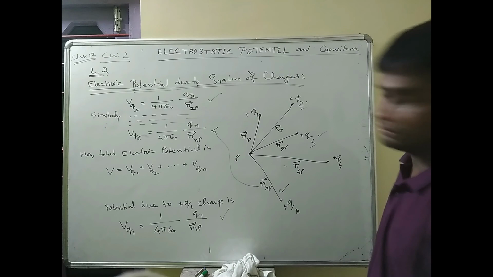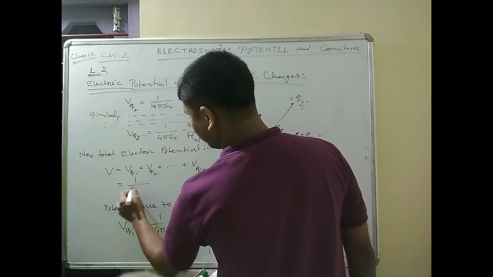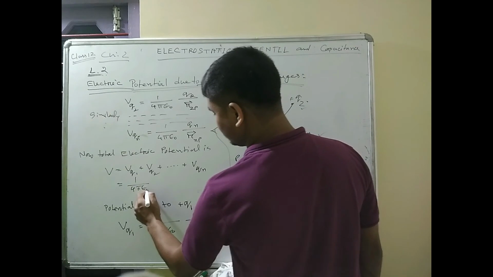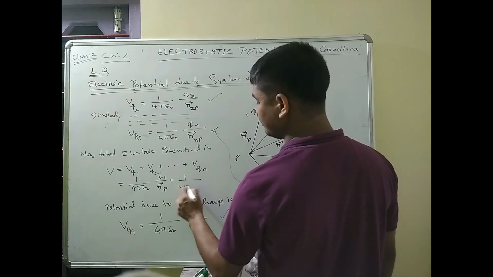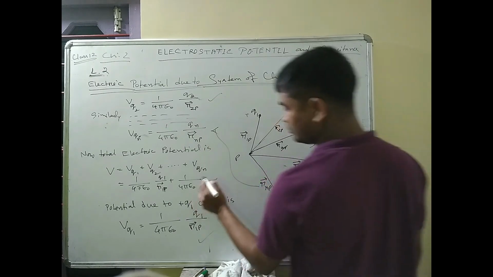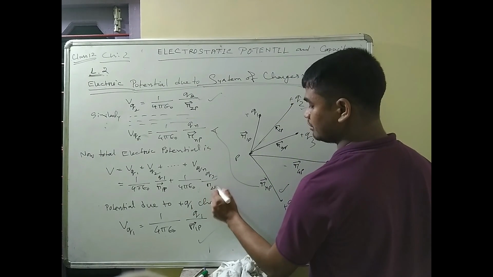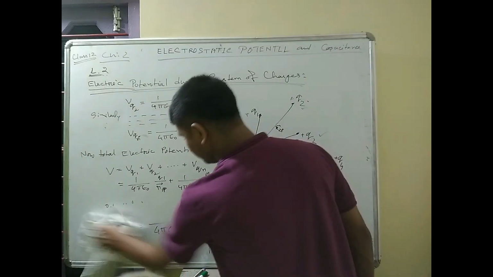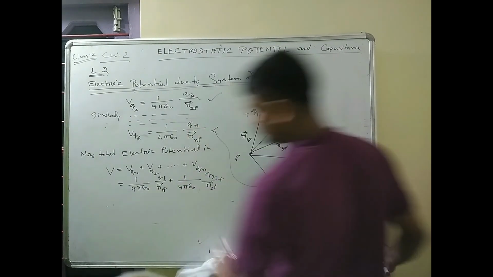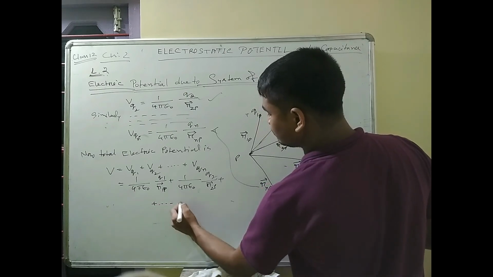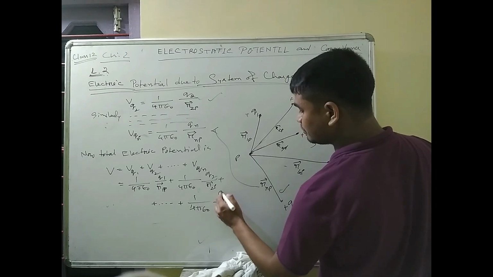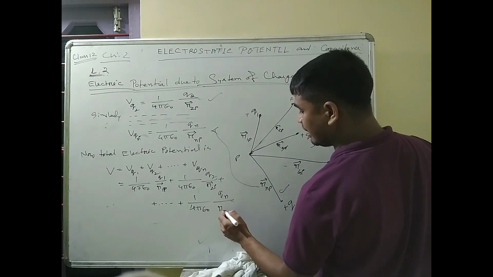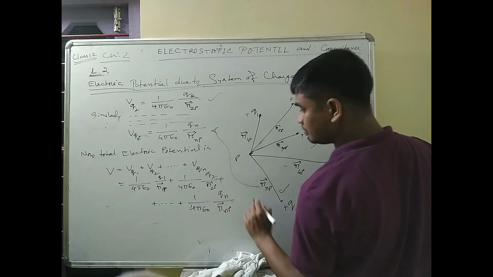So it is 1 by 4 pi epsilon naught Q1 by R1P plus 1 by 4 pi epsilon naught Q2 by R2P plus up to 1 by 4 pi epsilon naught Qn by RnP.